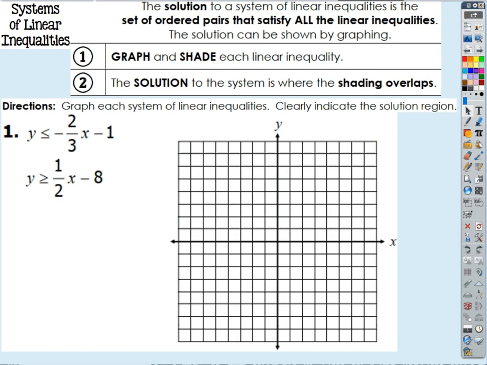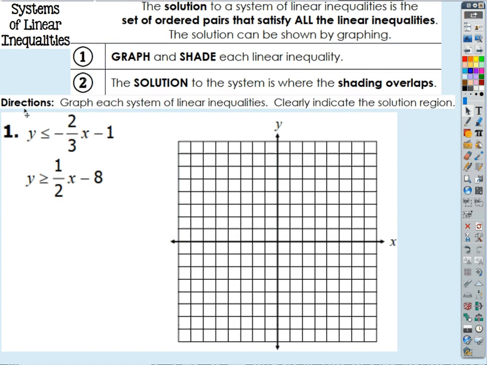So what about this first one? If this first one's going to be blue, what are the points I'm going to use to define the boundary line? Where do I go? -1. Down to... Good. And we're going to go down 2, rise is -2 over +3, so down 2 over 3.